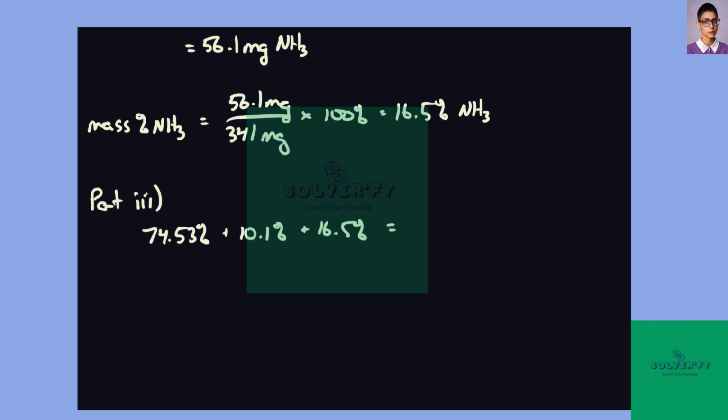And working this out here, we solve for 100.1%. So this tells us that we're at 100%. No other elements are present.